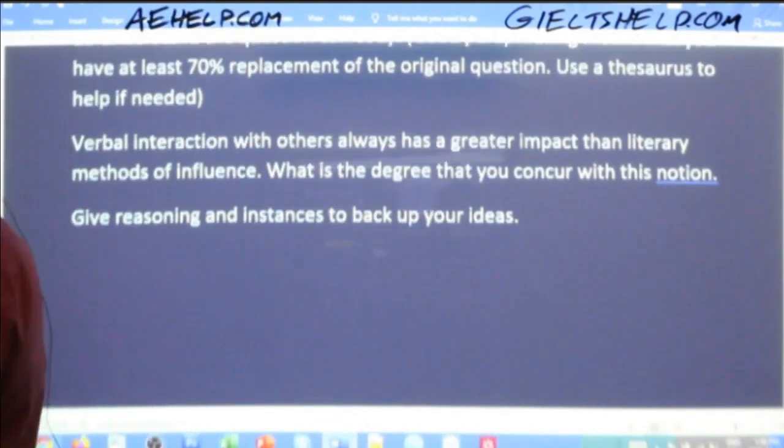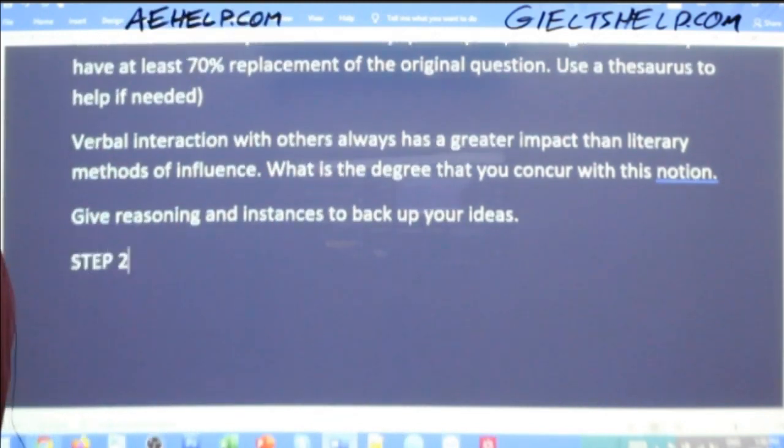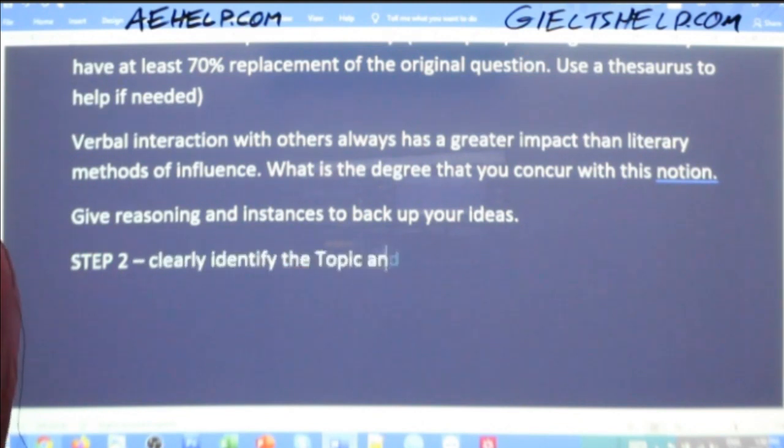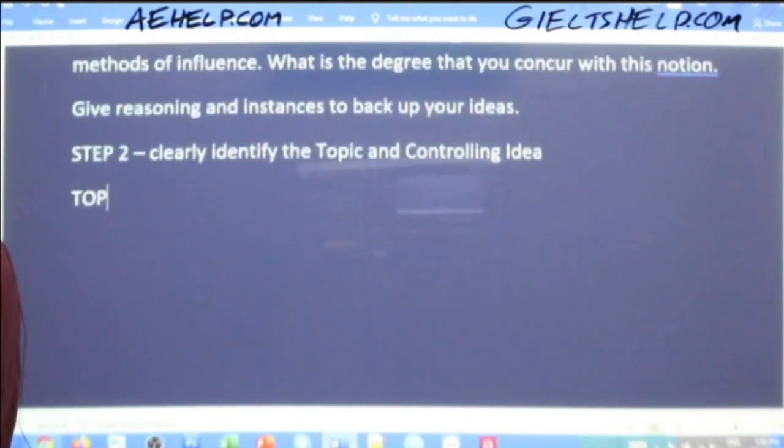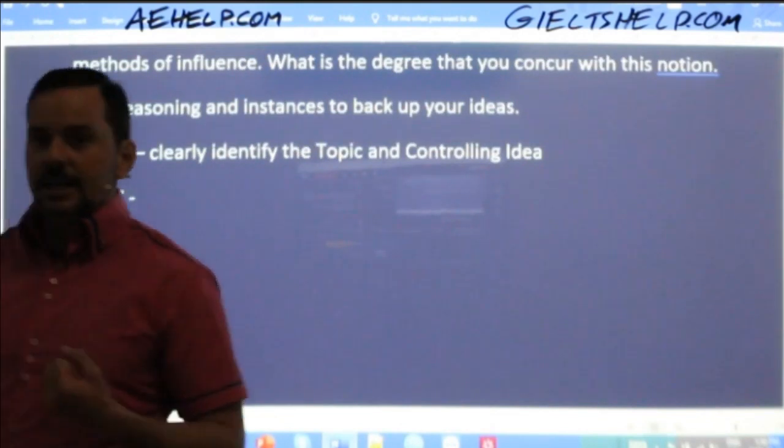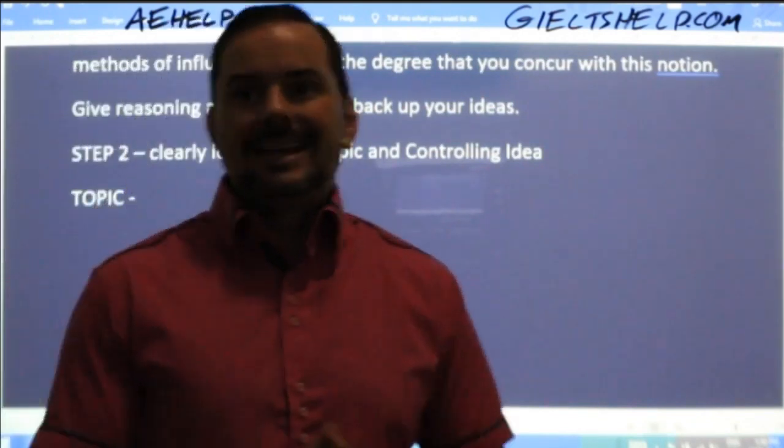All right, so what is the topic here? So step number 2, of course, is clearly identify the topic and controlling idea. Okay, so what are we actually talking about here? And the nice thing about these kind of shorter questions is it's usually a bit easier to figure out what the topic is.